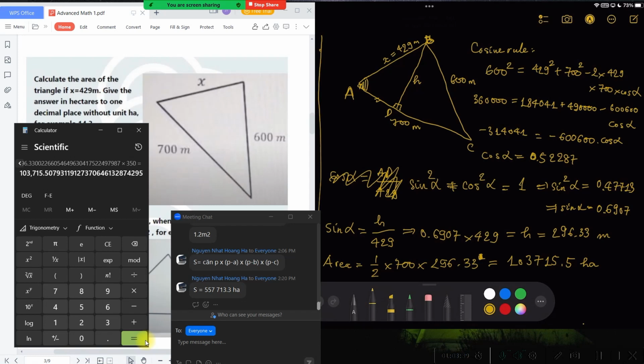Okay. Oh, I did something wrong over here, I think. It's a cosine, 0.52287. I have to square it, and then 1 minus that.